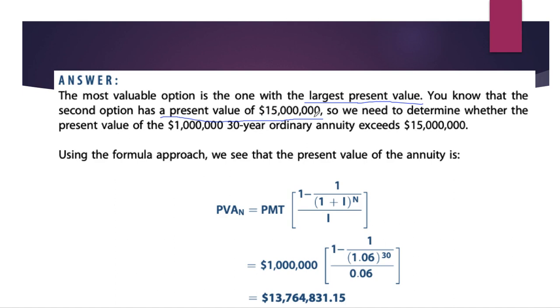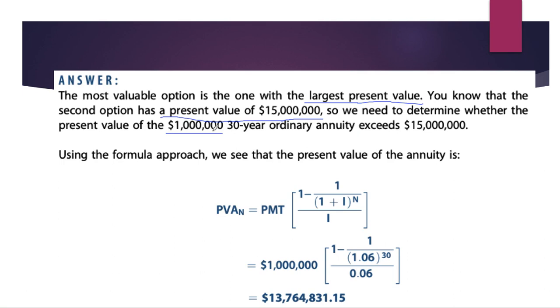So what about the other alternative, which was $1 million for a 30-year ordinary annuity, okay? If you multiply 1 million times 30, that gives a bigger amount, okay?